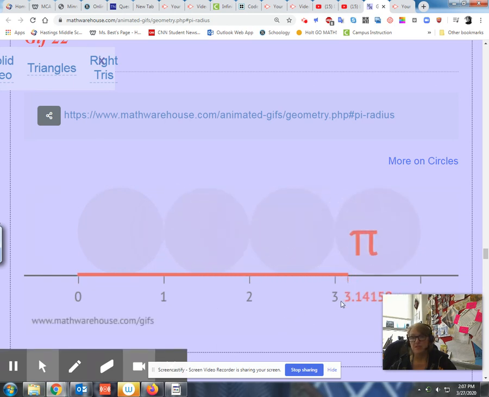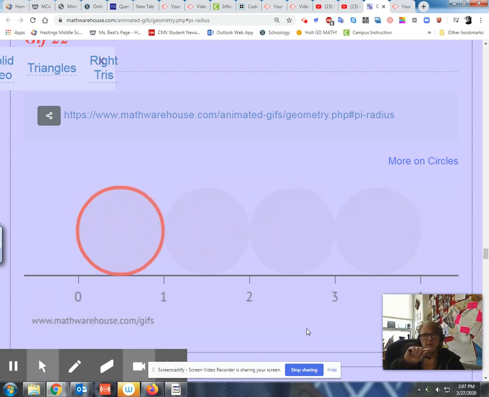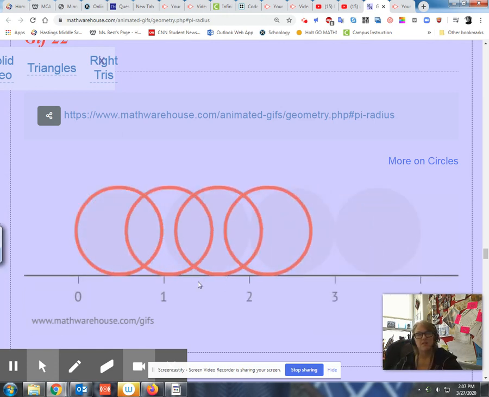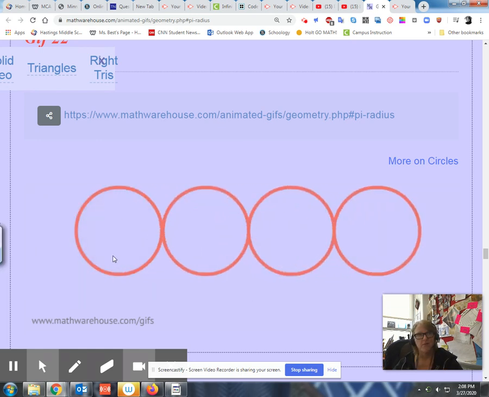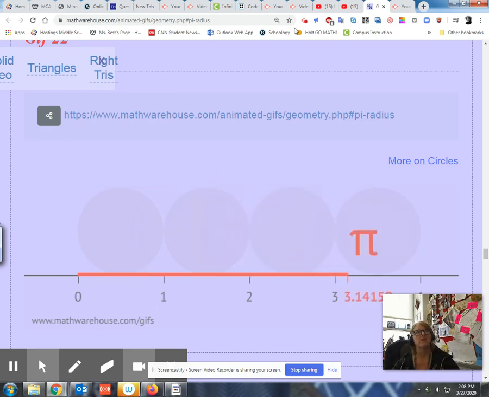And on this particular animation, notice that they have a circle that has a diameter of exactly 1. And notice what happens as you unroll it is you get a number that's a little more than 3. Hence, that's where pi comes from. It turns out every circle has this number or relationship with pi that's related to doing calculations within it. That's where it comes from.